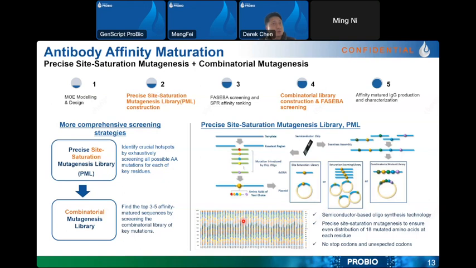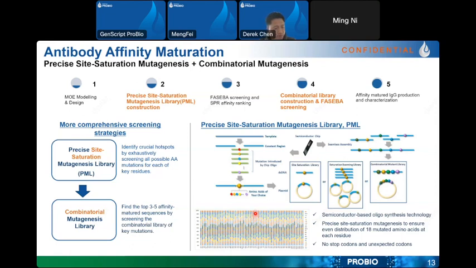In this library, all 18 amino acids except cysteine and methionine will be evenly distributed by the technology called precise mutagenesis.